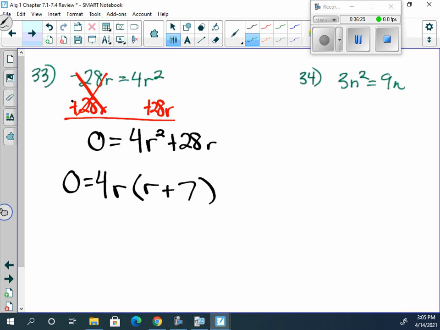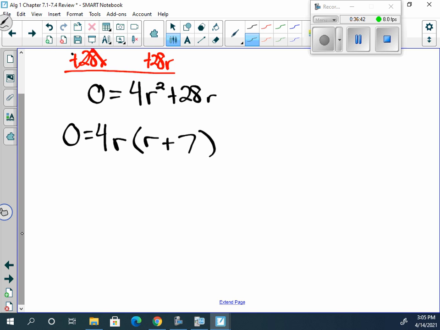It simplifies out completely. Because if we wanted to write that in, it would just be 7 times 1, which would just be 7. Now at this point here, we do have two things multiplied together to equal 0. So one of them must be 0.